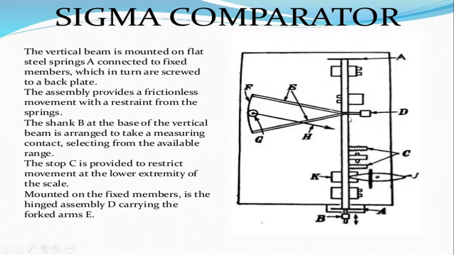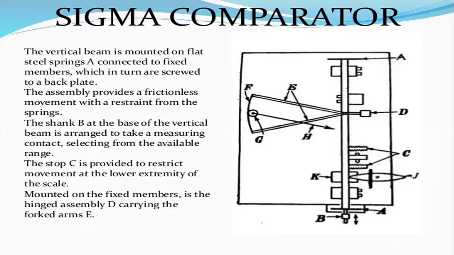These are the steel springs and this is the spindle attached to it, which is connected to the fixed members, which in turn are screwed to a back plate, and the assembly provides a frictionless movement with a restraint from the springs.